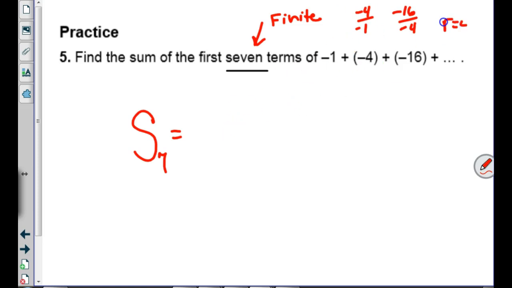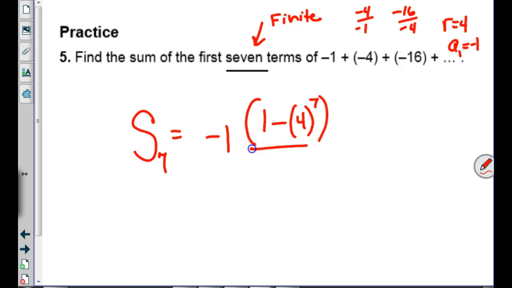So R is 4 and A sub 1 is -1. So we have -1 times 1 minus 4 to the 7th. It's not 7 minus 1 all over.